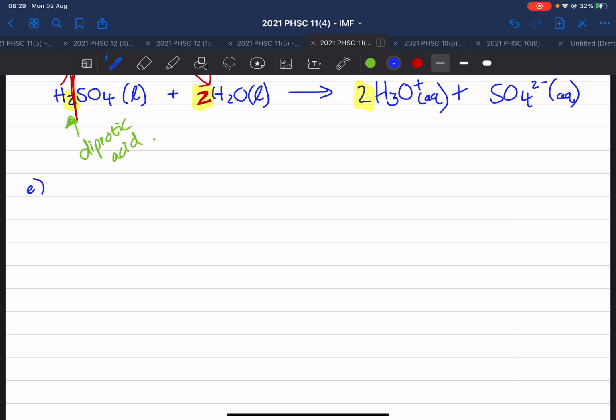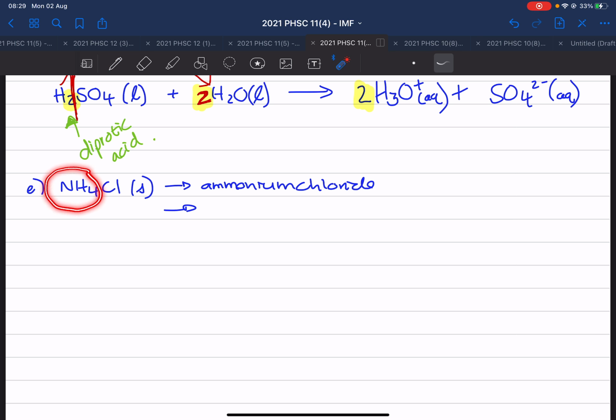Alright, so at question E, they say we have ammonium chloride and they say that's a salt, and that's your clue. The name there is ammonium chloride. And because it is a solid, a positive ion connected to a negative ion, that is your clue that it will undergo dissociation.